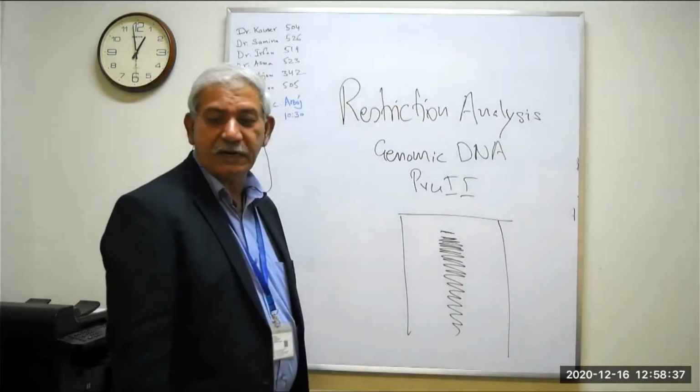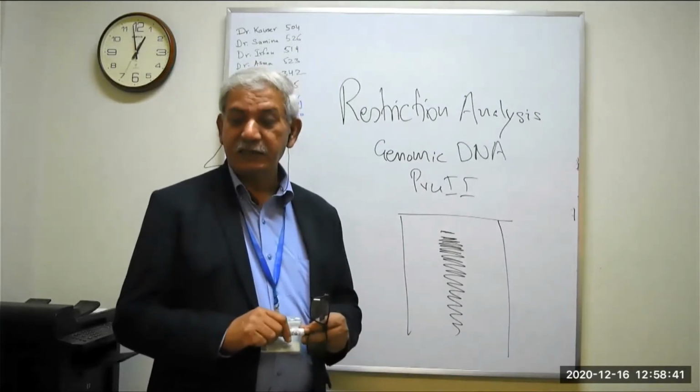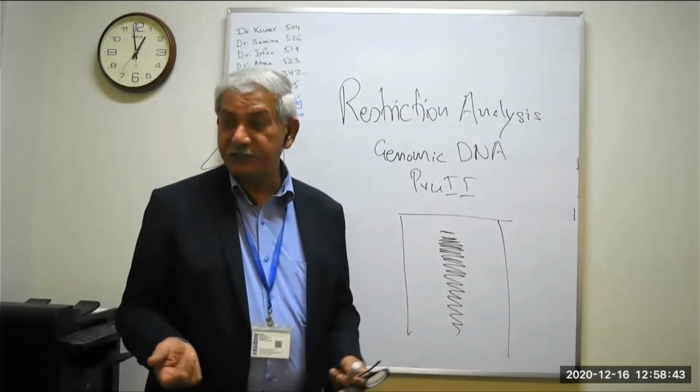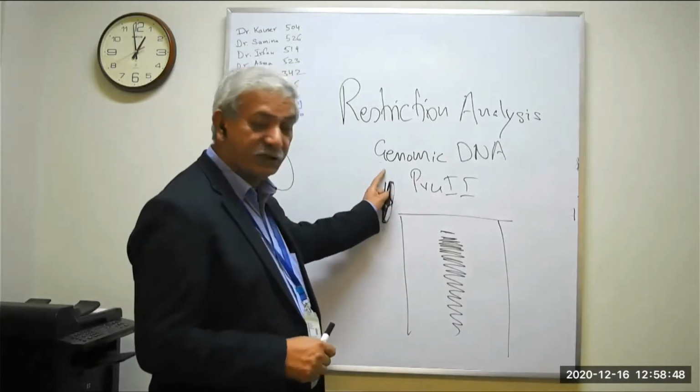There is never a discrete DNA fragment that can be seen due to the digestion with restriction enzyme, particularly in case of genomic DNA.